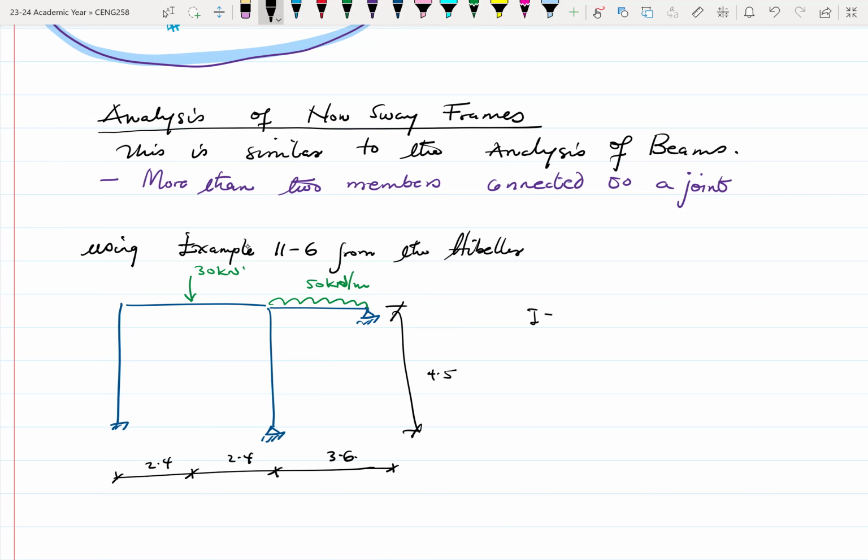If I is equal to 8 times 10 to the exponent 6 millimeter 4, E is giving us 200 GPa.